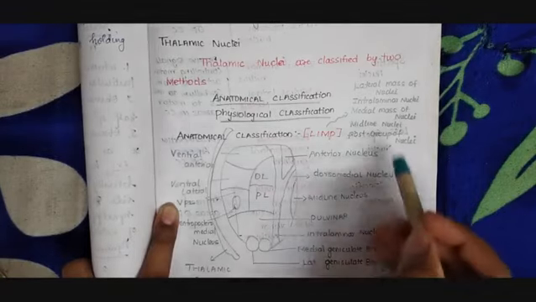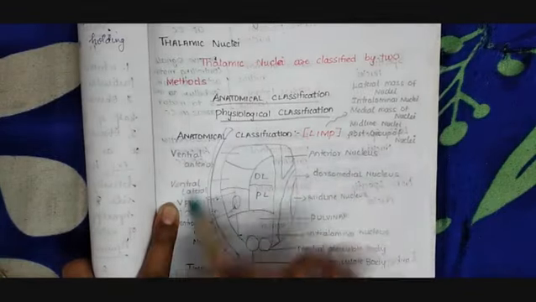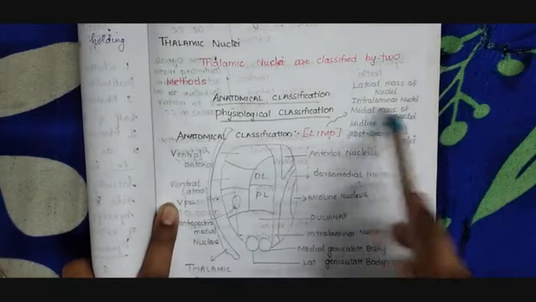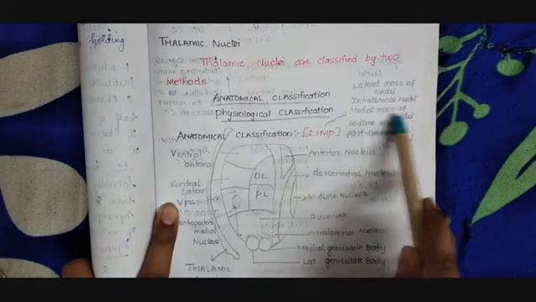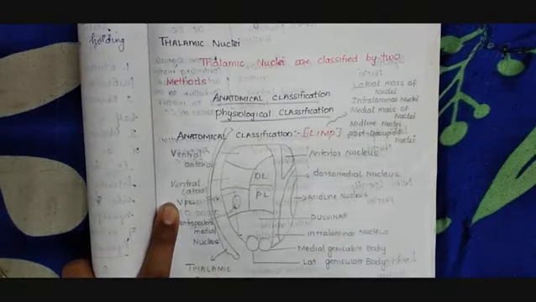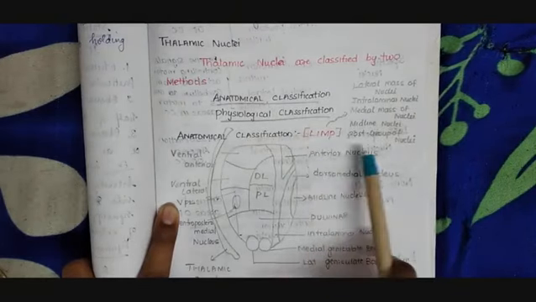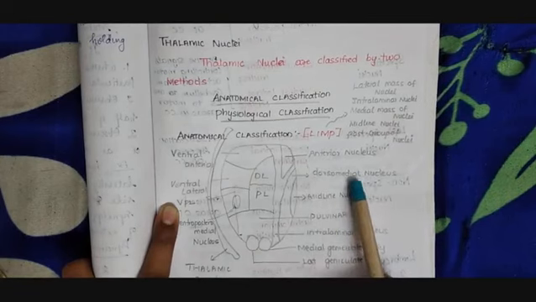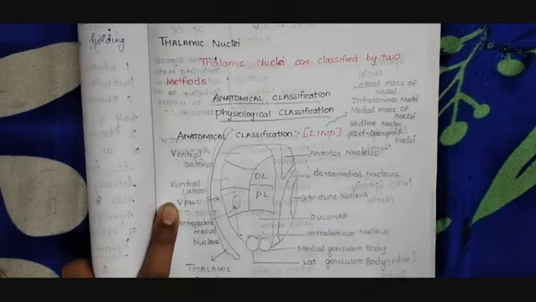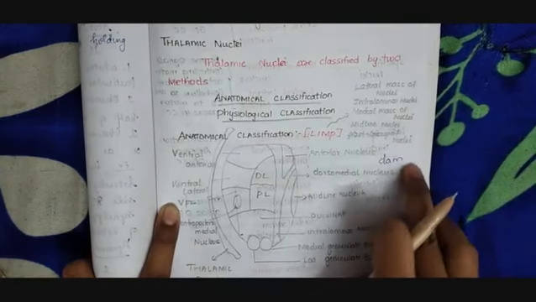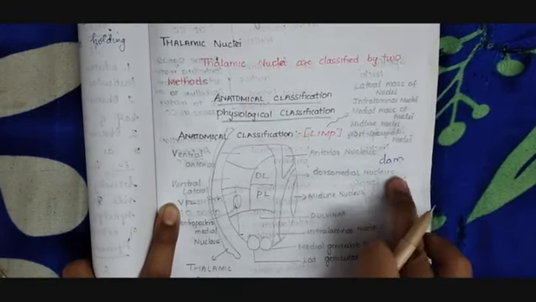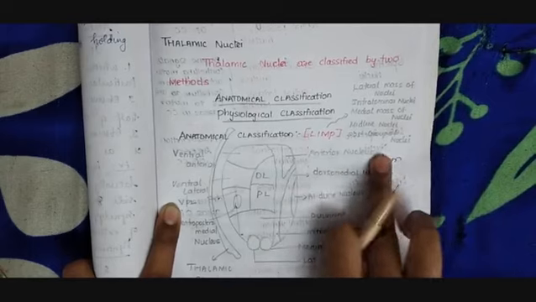So this diagram will show you the anatomical classification. Midline nuclei is here, and the medial mass of nuclei. Under this medial mass, we have 2 nuclei, that is the anterior nucleus and dorsomedial nucleus. In order to remember this, try to remember the mnemonic DAM. DM stands for dorsomedial nucleus, whereas A stands for anterior nucleus.